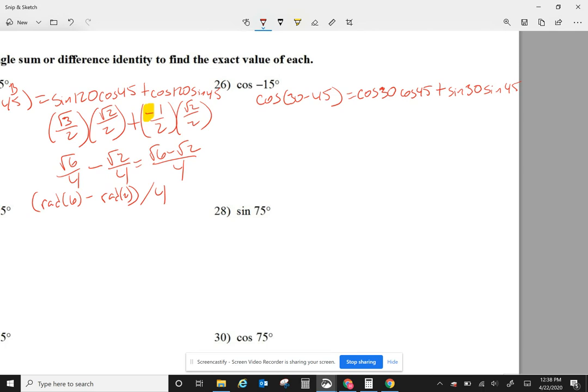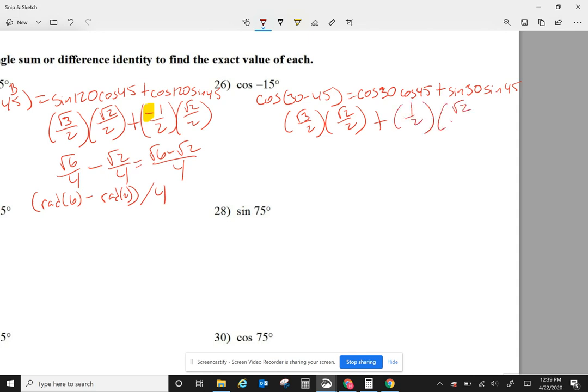According to our unit circle, cosine of 30 is radical 3 over 2. Cosine of 45 is radical 2 over 2. Plus sine of 30 is 1/2.